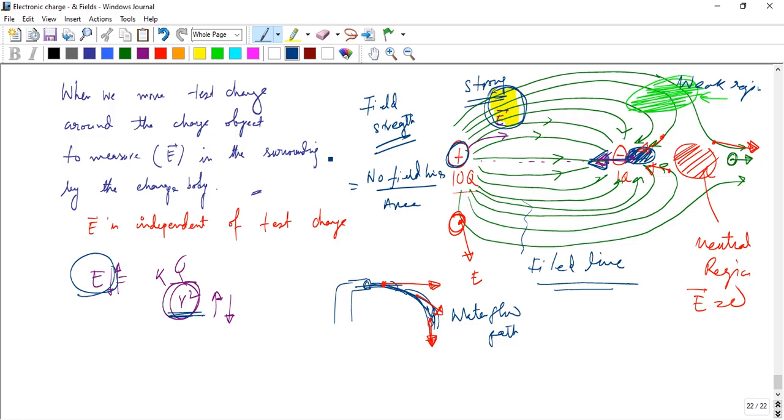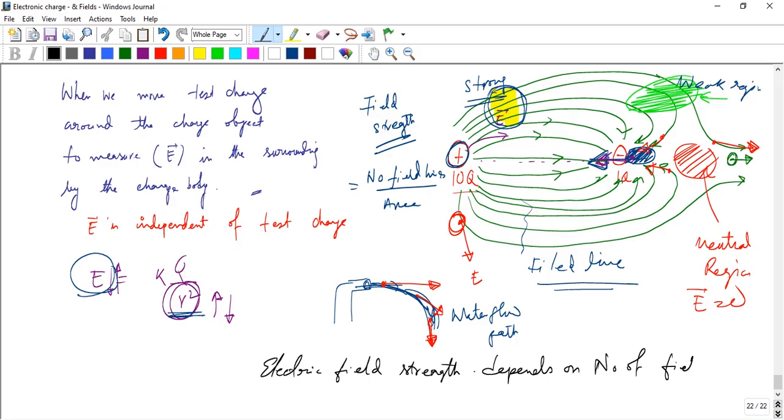Okay, so how to describe that? Electric field strength depends on the number of field lines crossing a unit surface area.